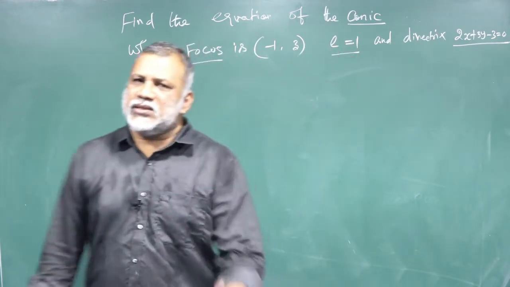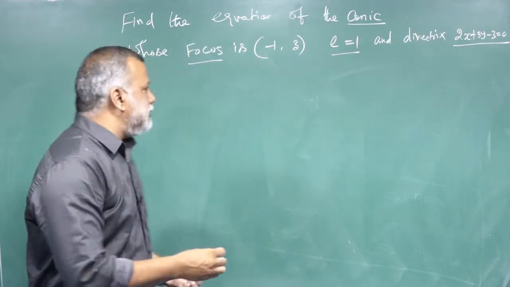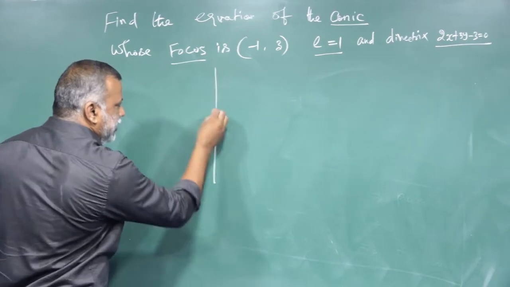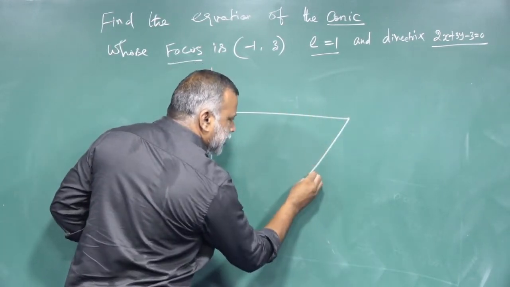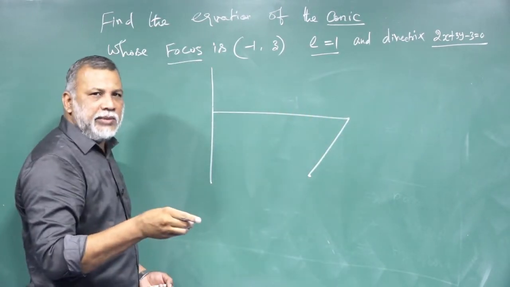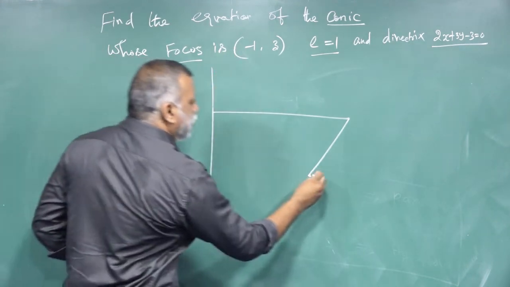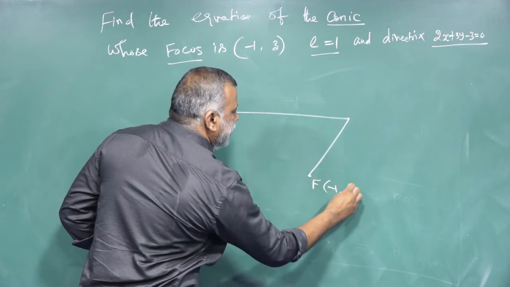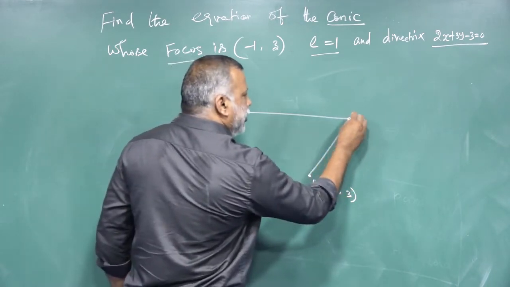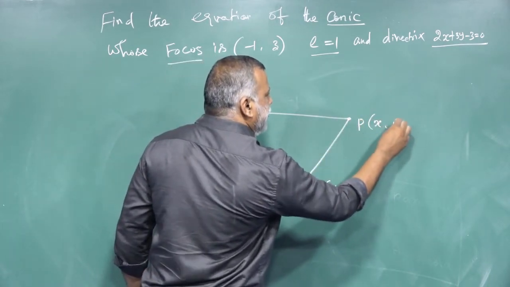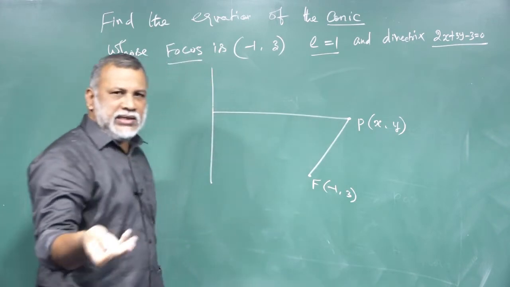Now listen, just now we worked out a diagrammatic explanation. See this diagram. This point is called the fixed point, the focus F. F is (-1, 3). This is the point P, always named P(x, y), because it is a moving point.